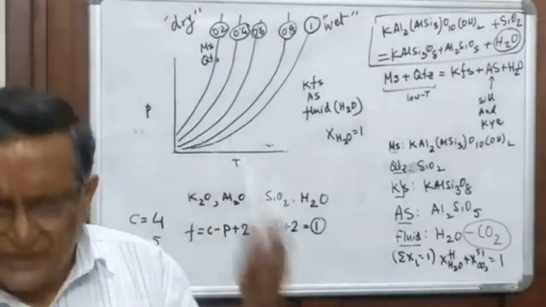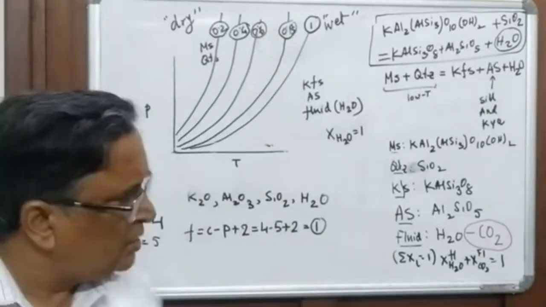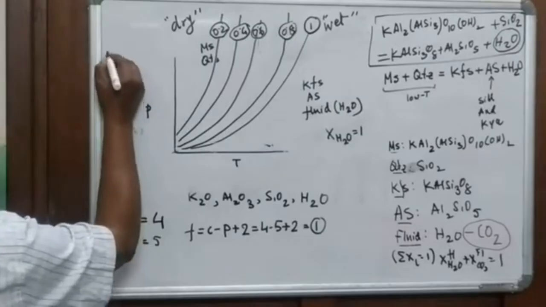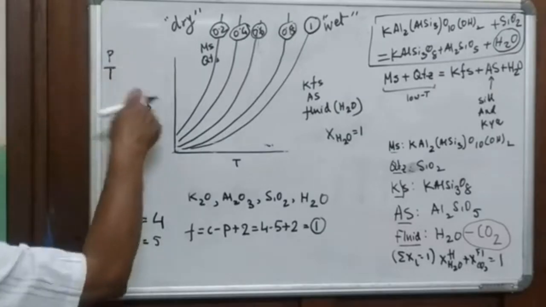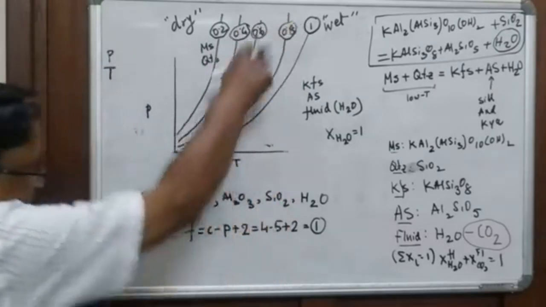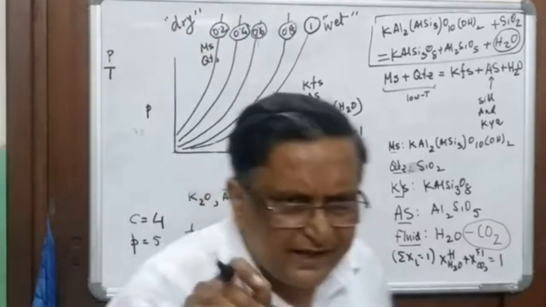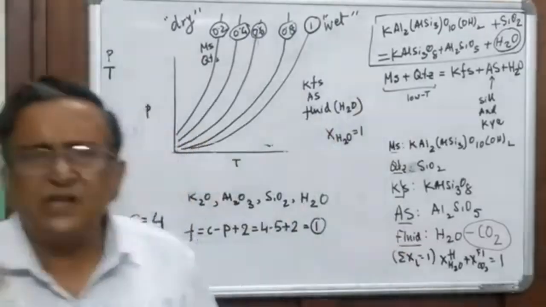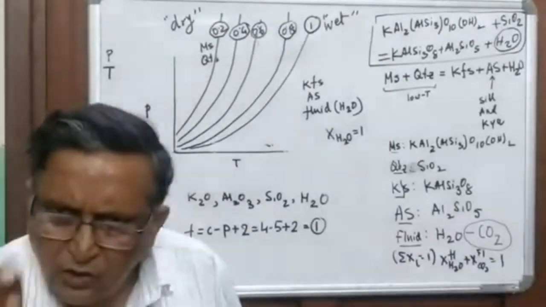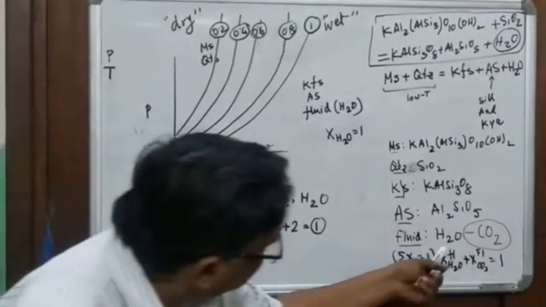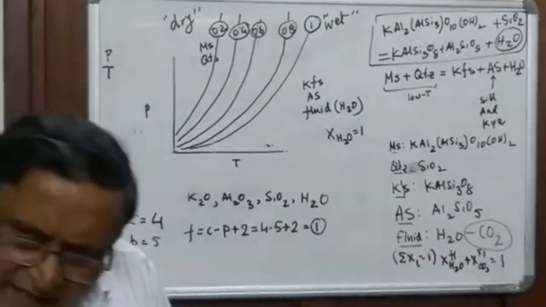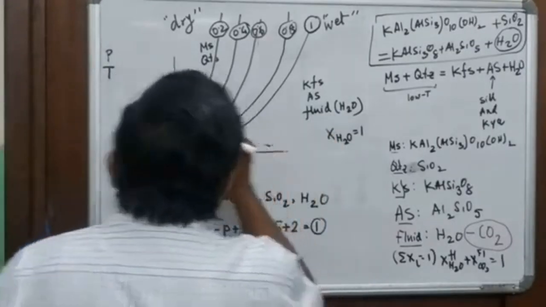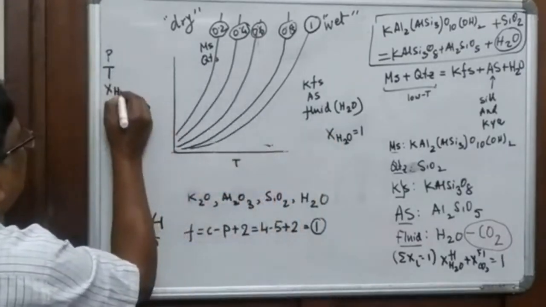You can see here, pressure and temperature. These are the 2 variables of this line. Is there any other variable? Say, for example, XH2O. But the value is already quantified, isn't it? We have taken pure H2O. So the variable is already quantified, so XH2O is not a variable.